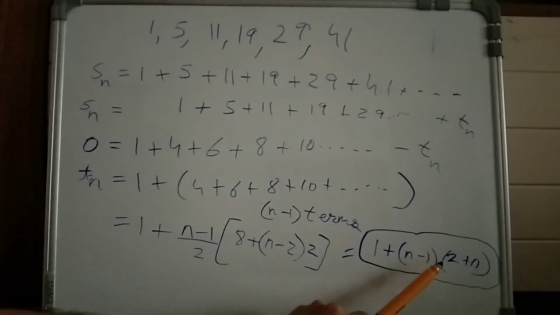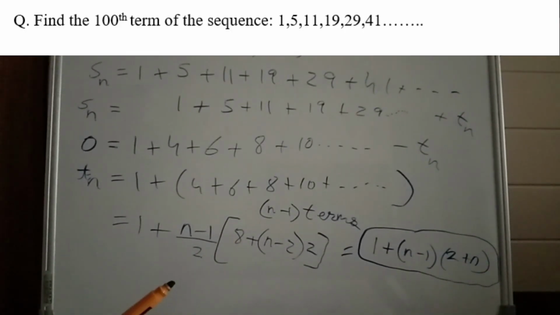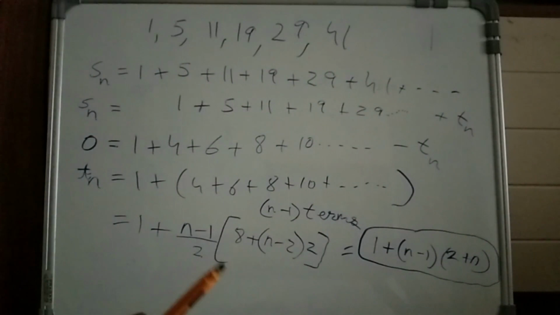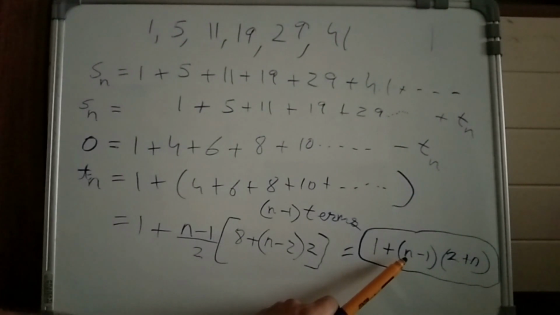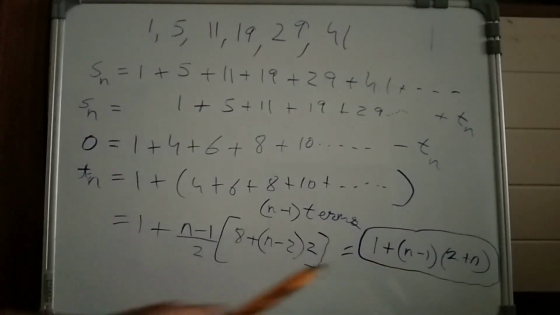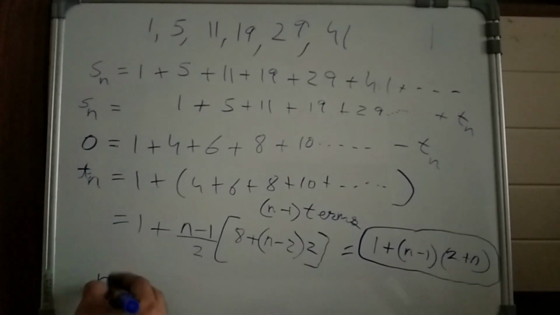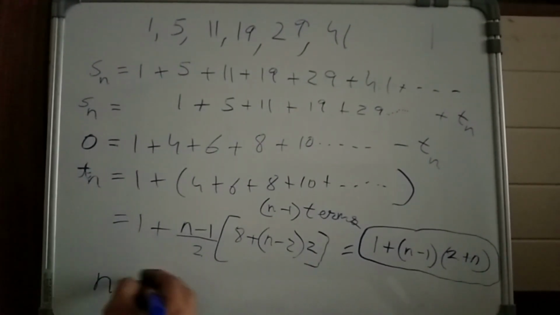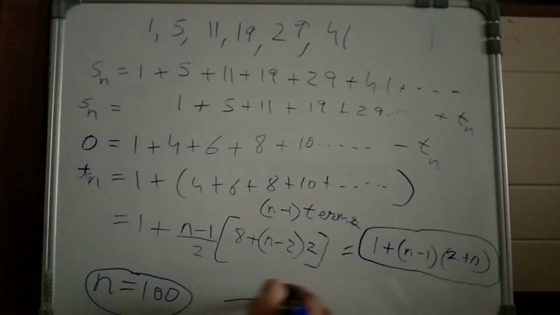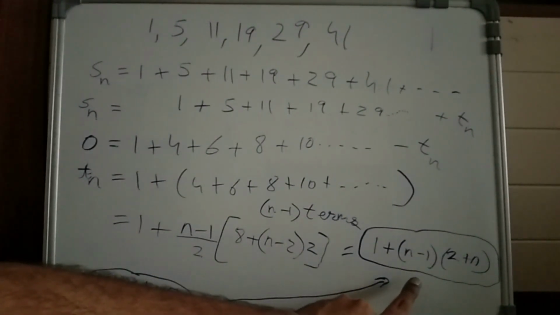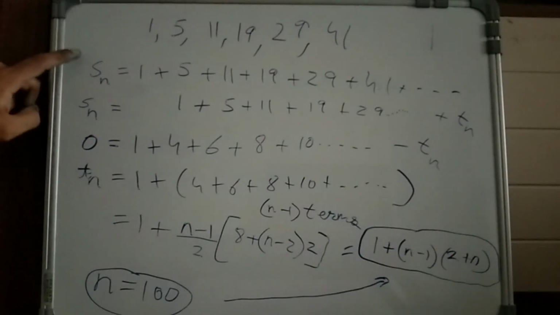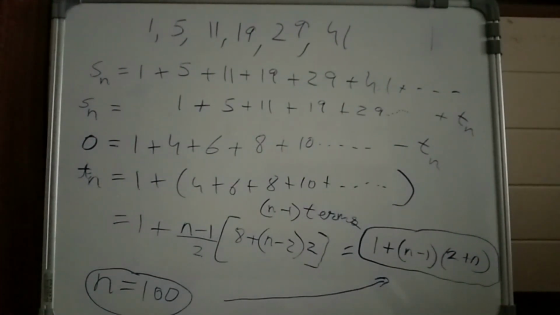The question asked me to find the 100th term of this sequence. Now I have found the nth term, Tn. If I put n equal to 100, I can easily find the value of the 100th term. Just put n equal to 100 over here. n equal to 100 is not the answer; what you have to do is put n equal to 100 in the expression, and what you get is your answer. So this is the basic approach, and this is my answer to this question.